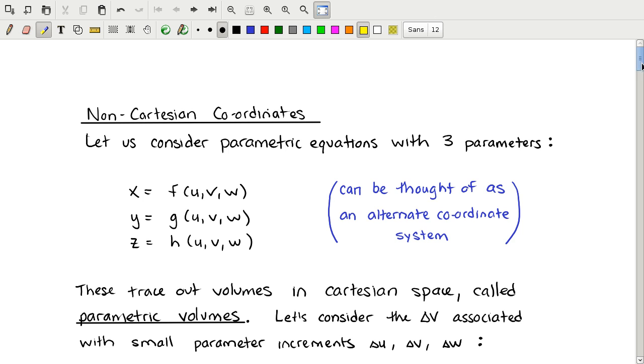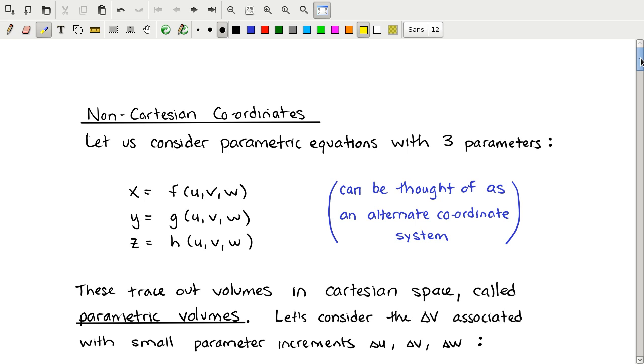So if we're going to integrate over such volumes, we're going to need to, as usual, cut the volume into small pieces, and that will be done by cutting u, v, and w each into small pieces and constructing Riemann sums over the contributions of each of the small pieces of u, v, and w.